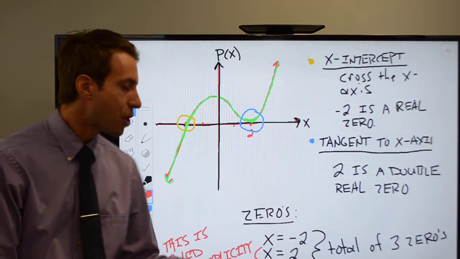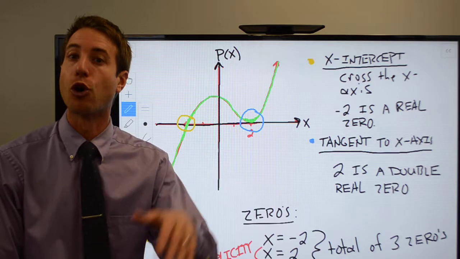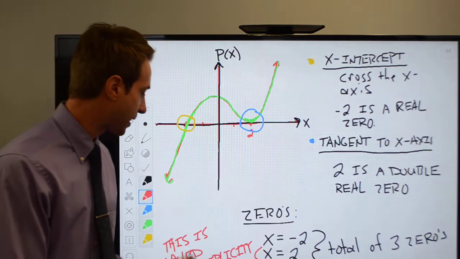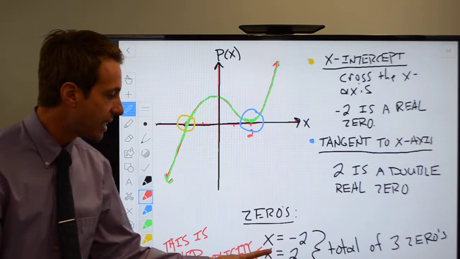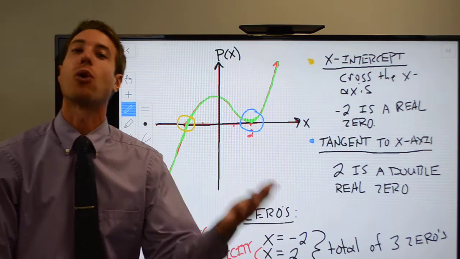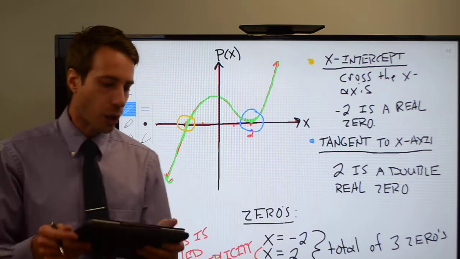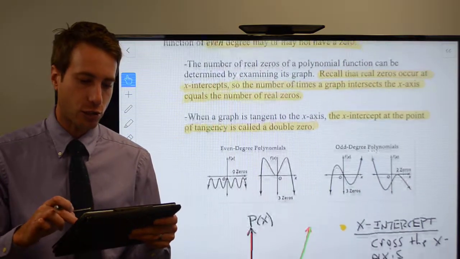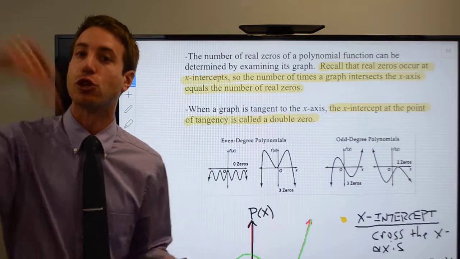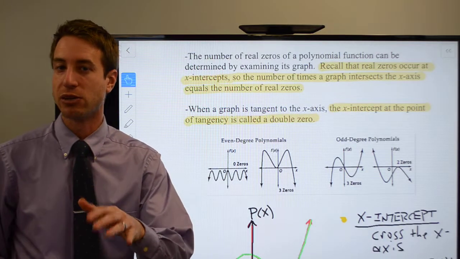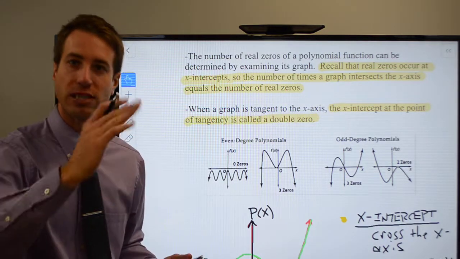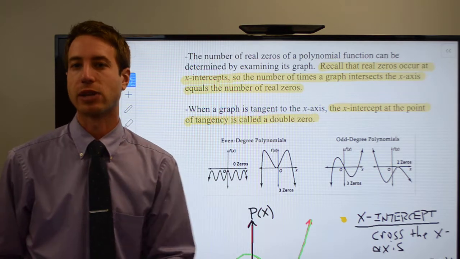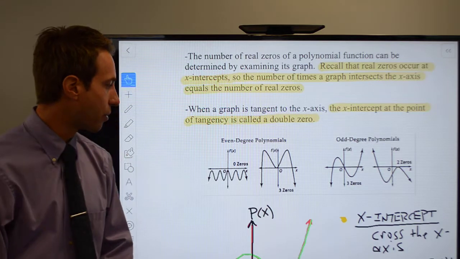When you wind up with a 0 being a 0 more than once because of a point of tangency to the x-axis, we call that multiplicity because this answer shows up twice. It's a double 0. So what I've got for you guys here then is just a real quick recap for you. You've got two things you've got to watch out for. Do you cross the x-axis and get a real 0, or do you just come down and have a point of tangency where again you'll get a real 0, but it counts twice? It's actually a double 0. So let's show you a couple of these.